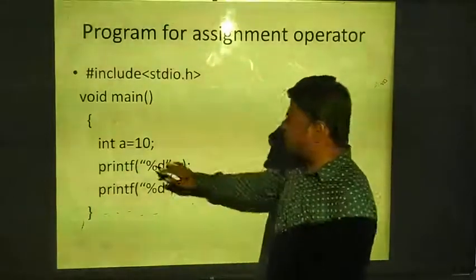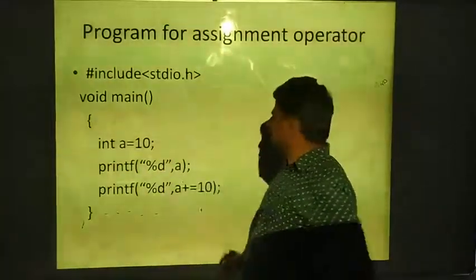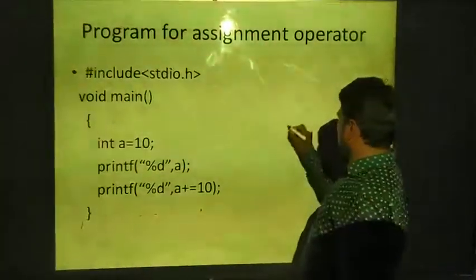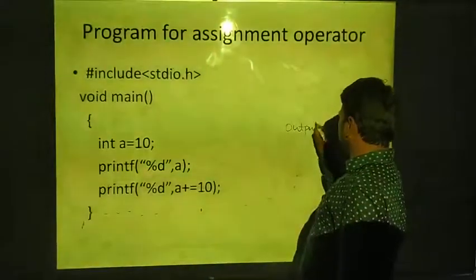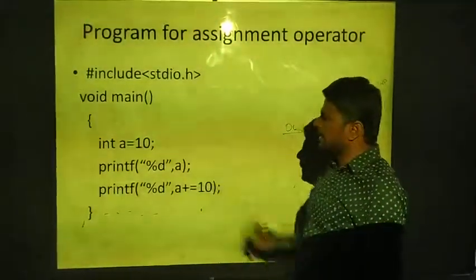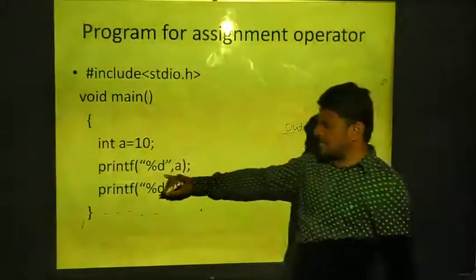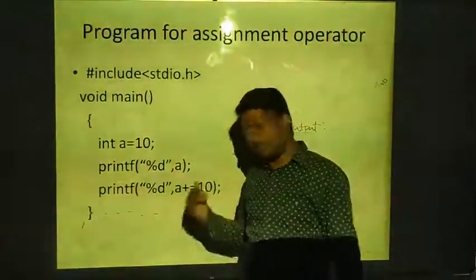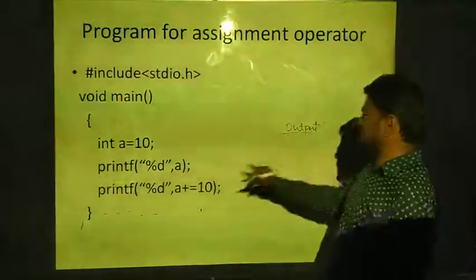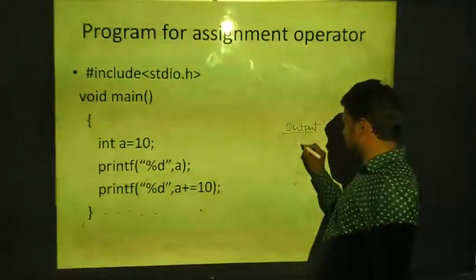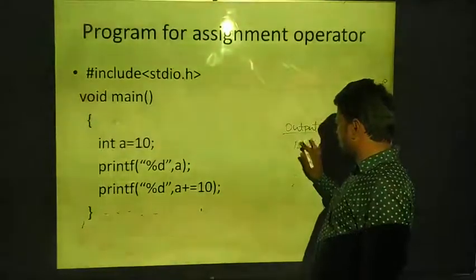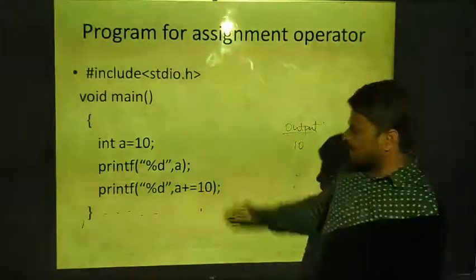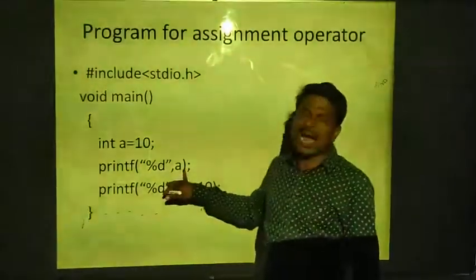Now I am printing that value. For printing output we will use the printf function. Percentage d, a. What is the value of a? 10. Value of a is 10. Now this is the simple assignment operator.